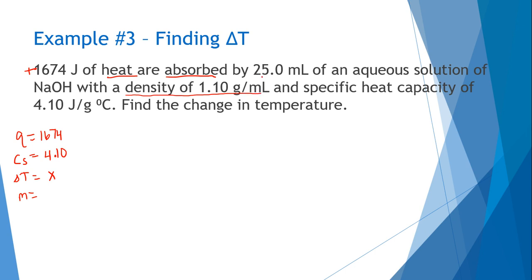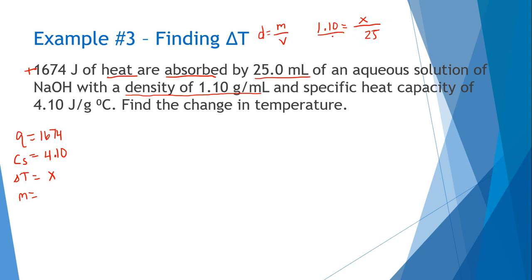And we are also given the volume. We have learned density since you guys were in chemistry. Remember, density equals mass divided by volume, which means if I know my density as being 1.10, I don't know my mass, but I know my volume as being 25 milliliters, you can actually solve for this to get your mass.